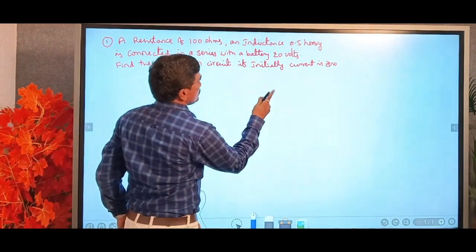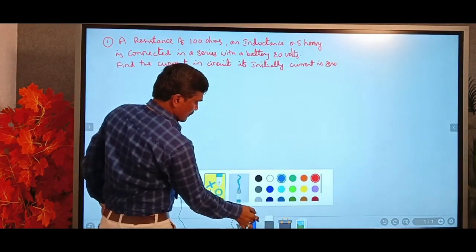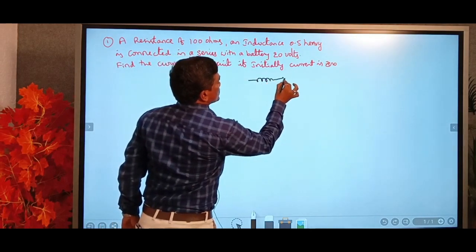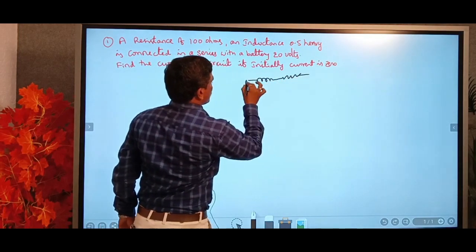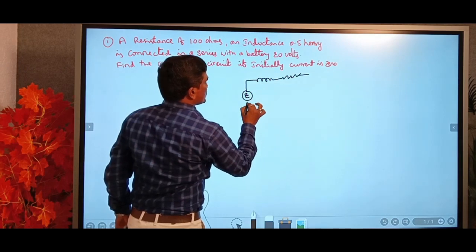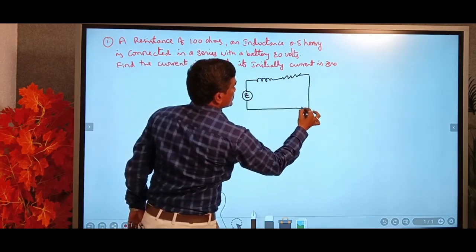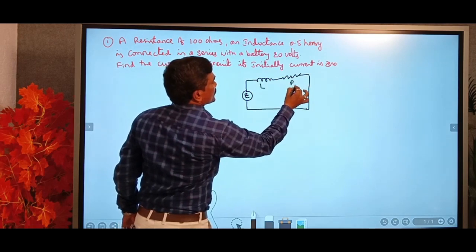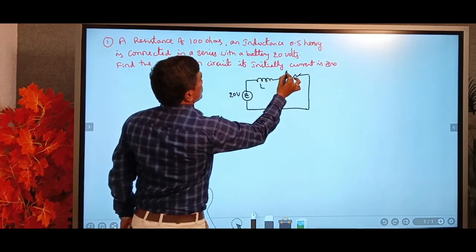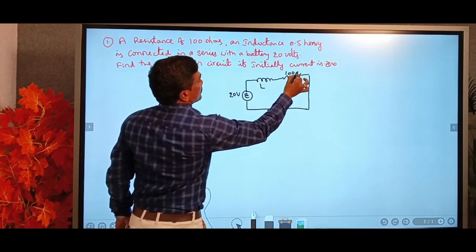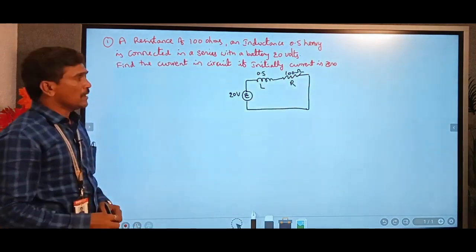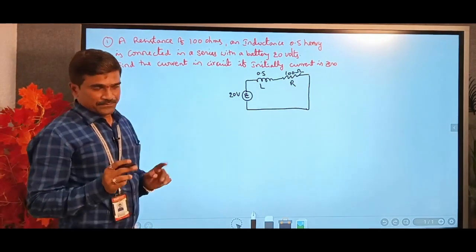Now here is the required circuit. Here 20 volts is given, resistance is 100 ohms, inductance is 0.5 Henry, right? From this we have to find the current, right?